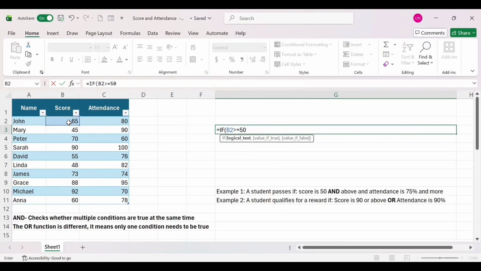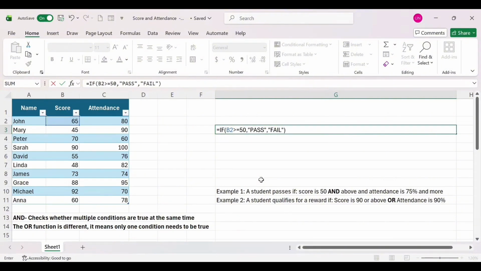Remember, the equal sign is if John scores 50, and the greater than is if it's also above 50, which means from 50 and above. What do you want to give him? You want to pass John. Make sure you put it in quotes. And if John does not meet this criteria, what do you want to give him? You want to fail John.